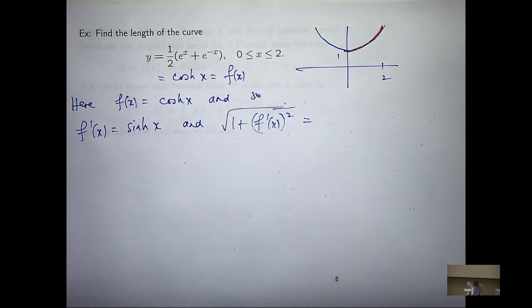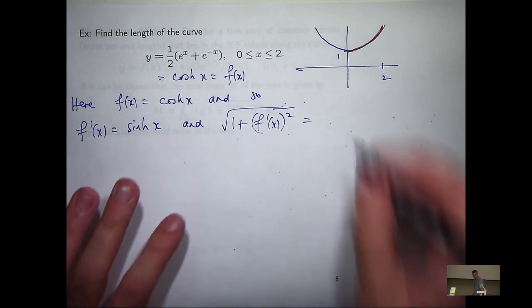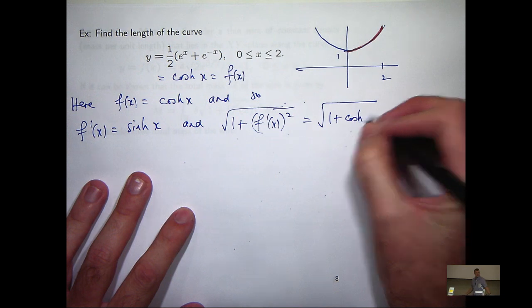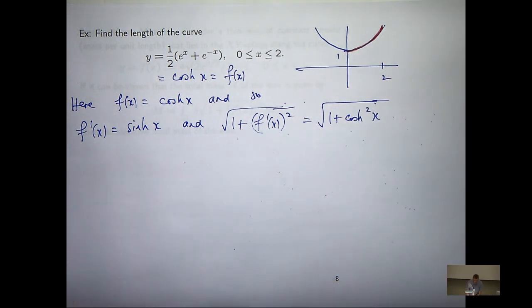Now, note that the actual arc length formula involves a square root. So sometimes you've got to manage that away. Sometimes it's easy, sometimes it's not so easy. Now, can I manage this square root sign away? Yes, 1 plus sinh squared equals cosh squared.